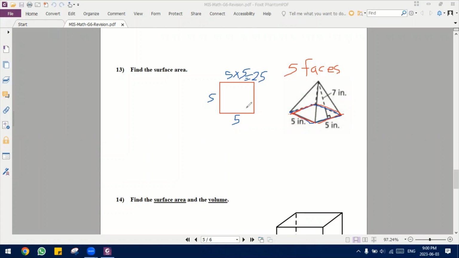Then, what do I have? Another shape? I have a triangle. Let me draw the triangle. And there's the height in the middle of it. Now for the triangle, the base is 5, the height is 7.